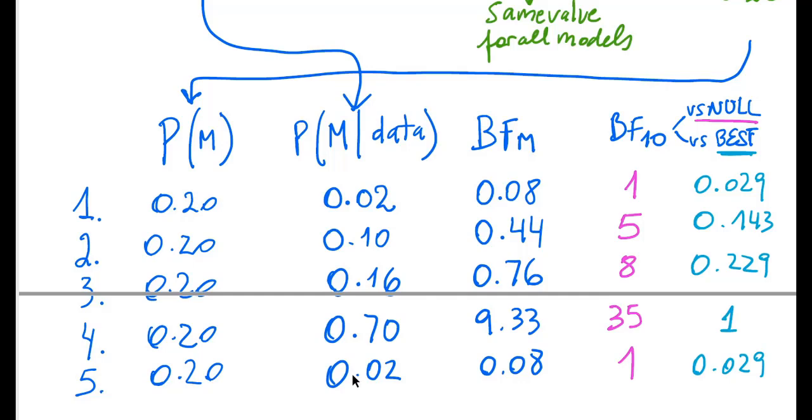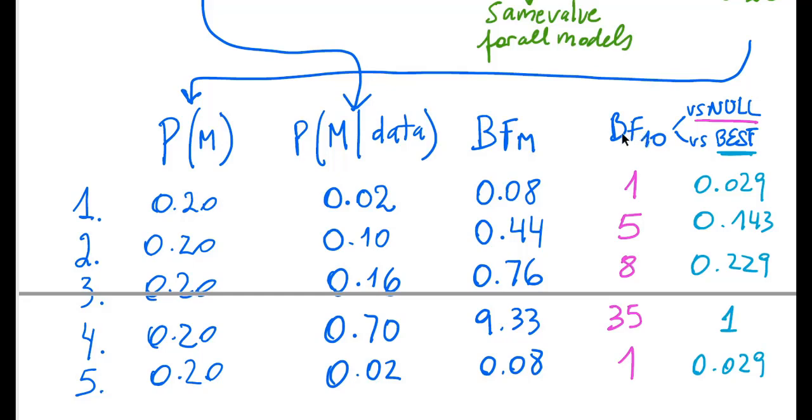And the last model started with a prior odds of 0.25, and then it goes much lower because you have to do 0.02 divided by 0.98, and that value divided by 0.25, and that's lower, 0.08.